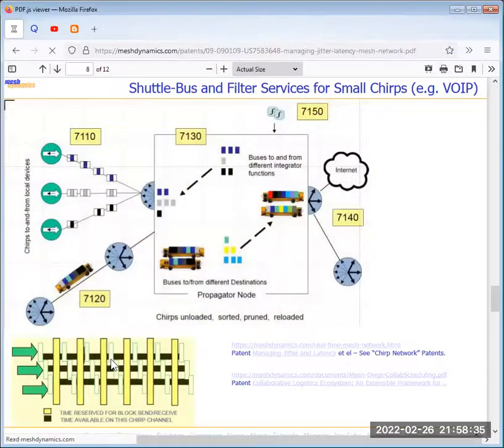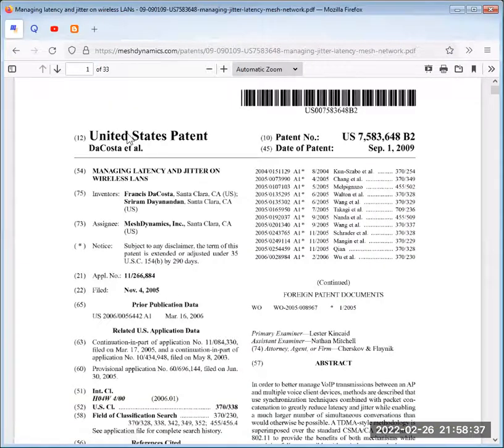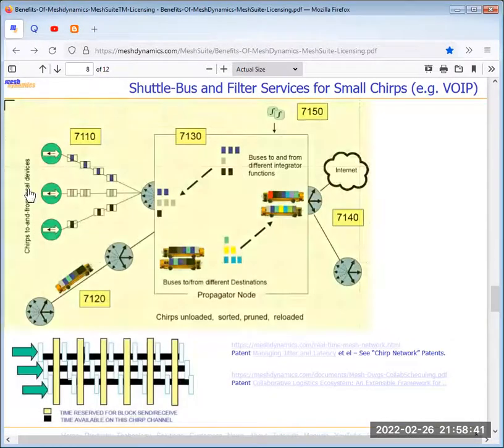There's some patented stuff here that I won't go into, but it explains how the system can work. And it's fairly simple. We allocate, through various means, a periodic interval by which the shuttle buses will run. And of course, the periodic interval itself is dynamic and it changes depending on what's needed.